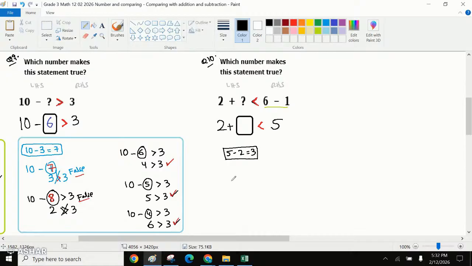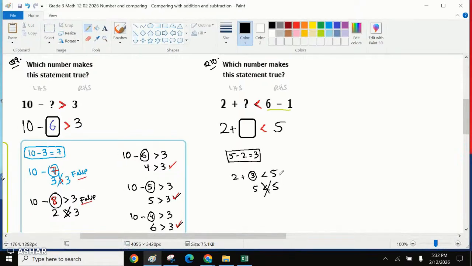Sorry, in the question it says 2 plus a missing number should be less than 5. If we take the missing number to be 3, 2 plus 3 is 5. Is 5 less than 5? No, it's not. That means this statement was false.